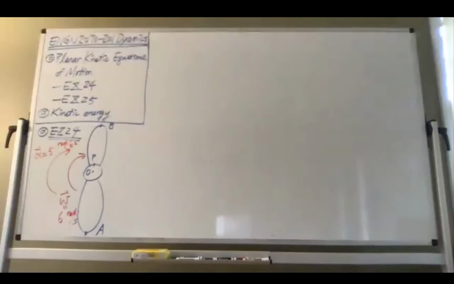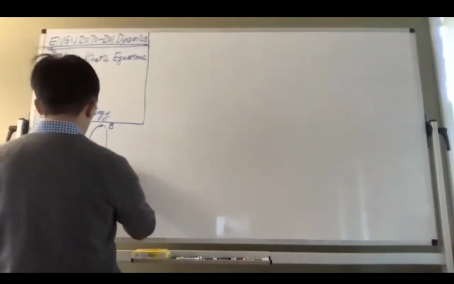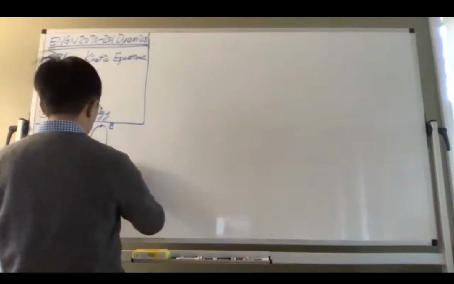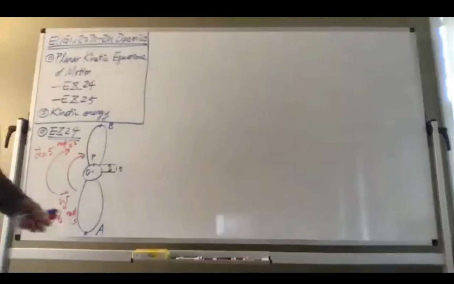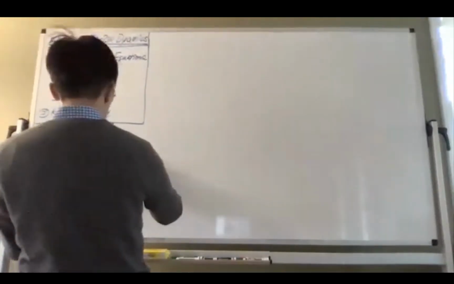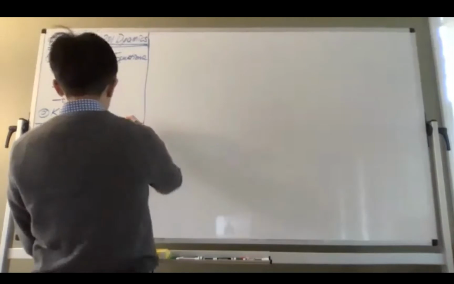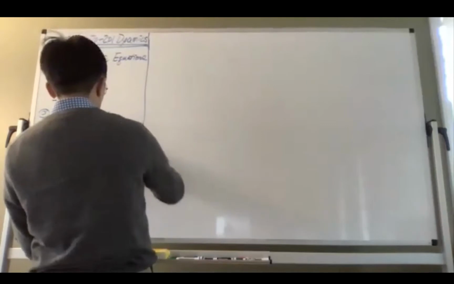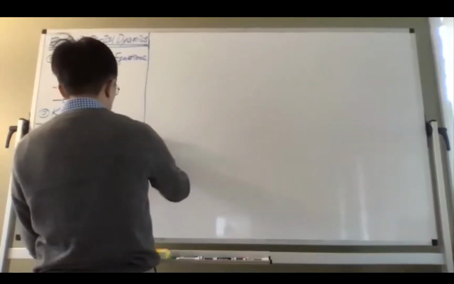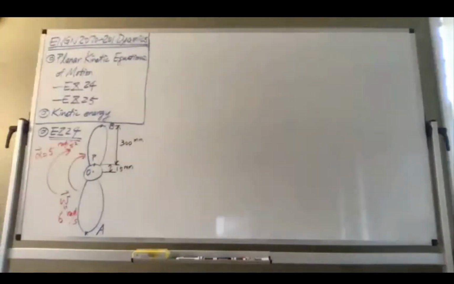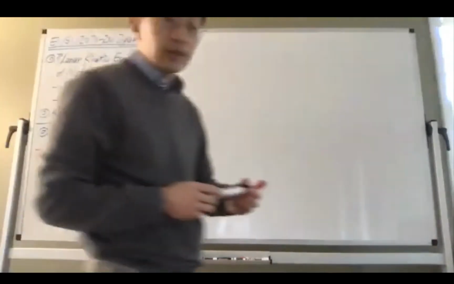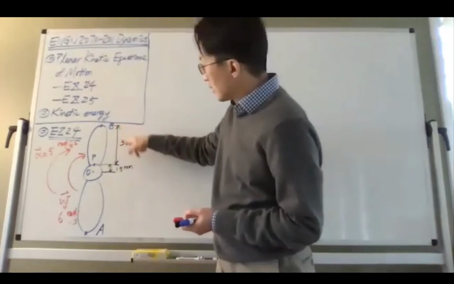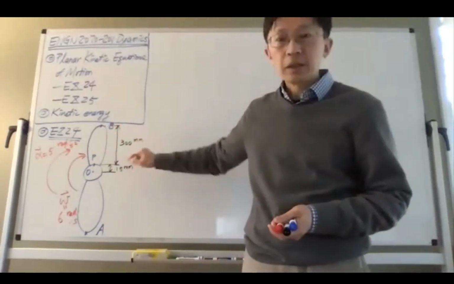Dimension-wise, we also know that from point O to point P, this is 15 millimeters, so it's really a band. From point B to point P, this distance is 300 millimeters.